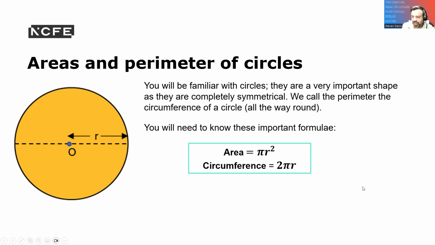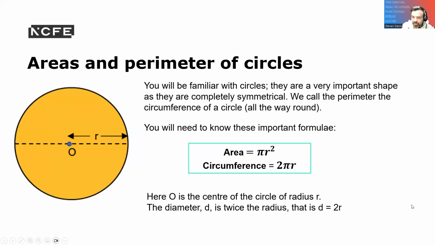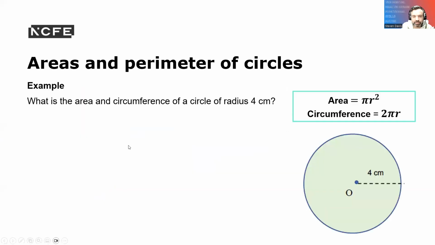So the area there and the circumference here. O is the center of the circle, and then you've got your radius there. The diameter is twice the radius, so from there to there. So what is the area and circumference of the circle?